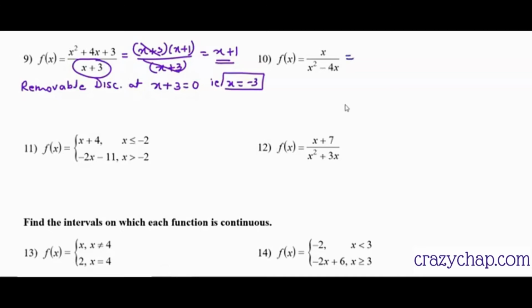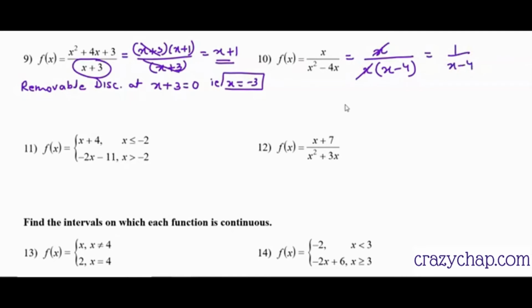We'll try to simplify numerator and denominator. Numerator, keep it as it is. In the denominator, we can take common factor x. So we get x minus 4. Now, x and x are common factors, so we can cancel them. Let me cancel. Simplify. So we get 1 over x minus 4.